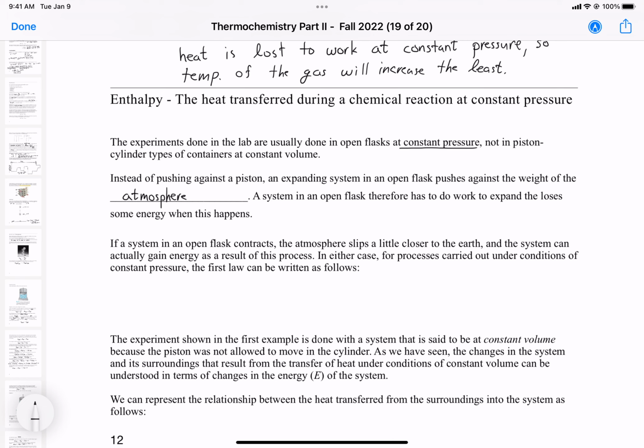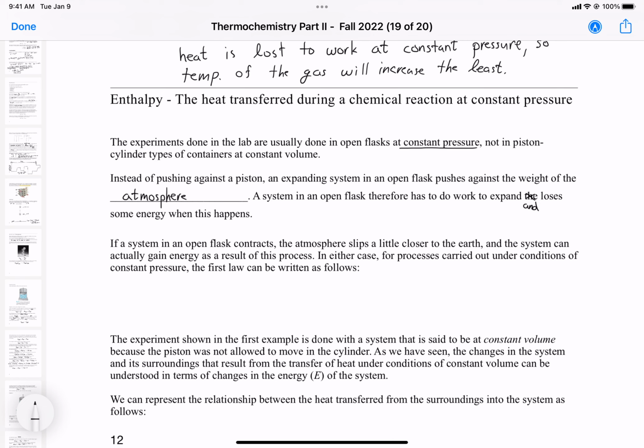Okay. So a system in an open flask therefore has to do work to expand, and also, I think this should have said and. Sorry about that. So basically, a system in an open flask has to do work to expand, and in this process, it loses some energy when this happens.